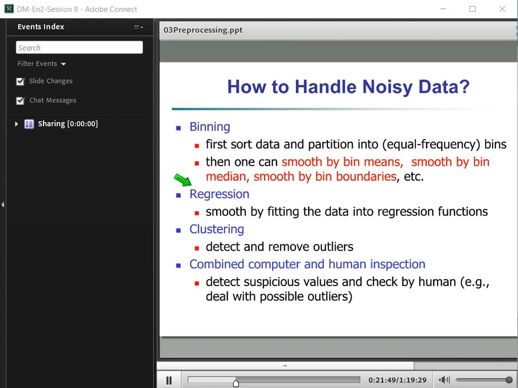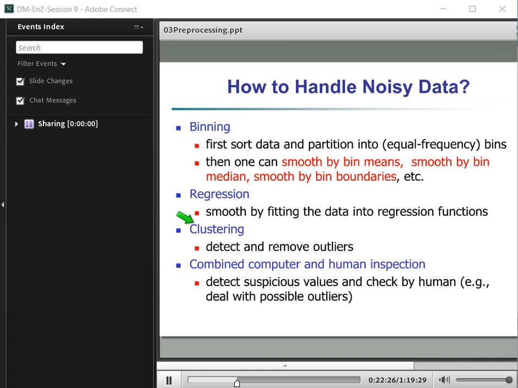Instead of using a data point, I'm using the nearest point in that estimated line. So it can smooth the spreading of those data. Regression is the second technique to handle noisy data.